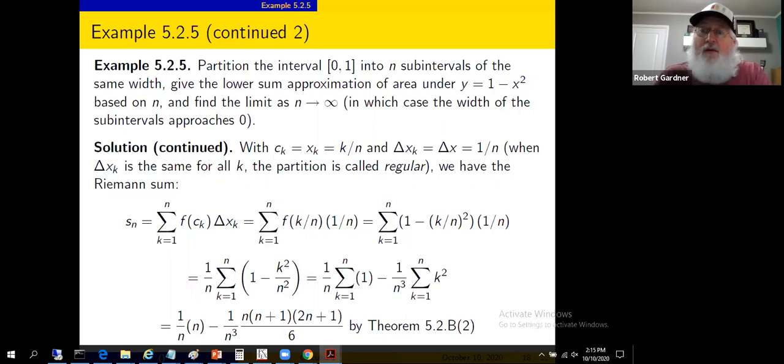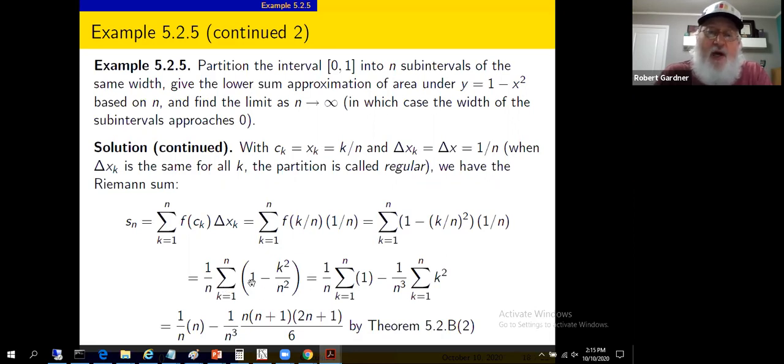Let's modify it. Let's see, we're summing from k equals 1 to n. So the k's change in this summation, but 1 over n's a constant. So let's bring that out front, constant multiple rule, if you like, leaving us with a 1 minus k over n squared. Let's write that as 1 minus k squared over n squared. We got the 1 over n out front, having factored.